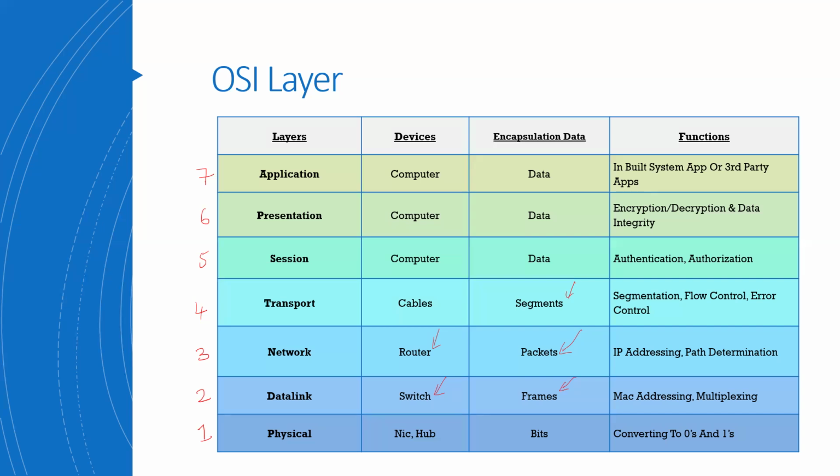It interacts with software applications, enabling communication and data exchange between users. Devices at this layer include web browsers, email clients, FTP clients, and more. Each layer serves a specific purpose, making it easier to diagnose and understand network issues.